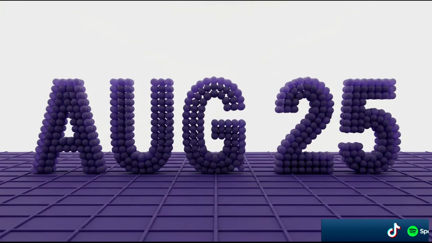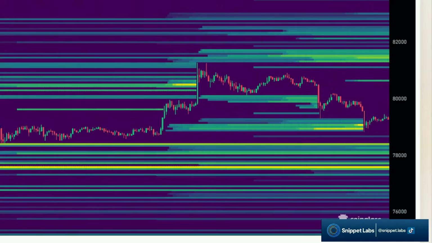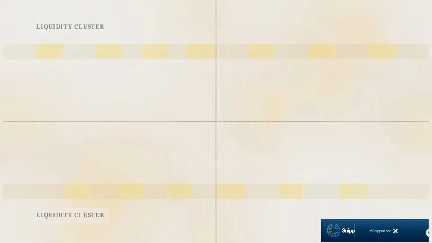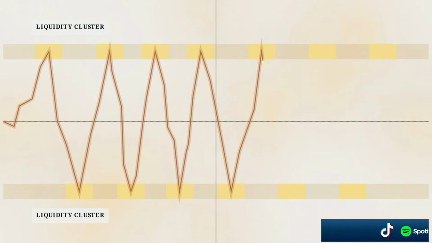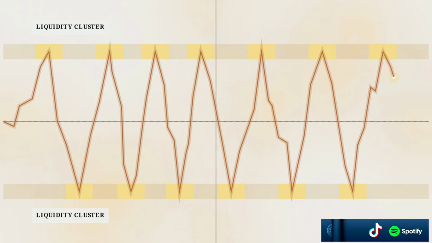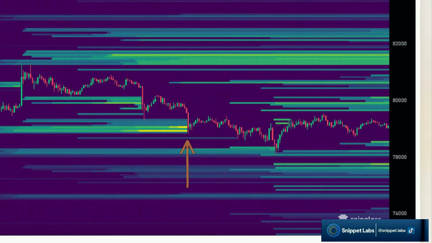Moving to August 25th, we can analyze how leverage reclusters in the post-cascade environment. Tight yellow bands have formed simultaneously above and below the price action near the $80,000 level. This creates a state of chop, where price whipsaws between these tight bands to harvest localized clusters of leverage. Notice the price action trending downward specifically to consume the lower yellow bands at $79,000.